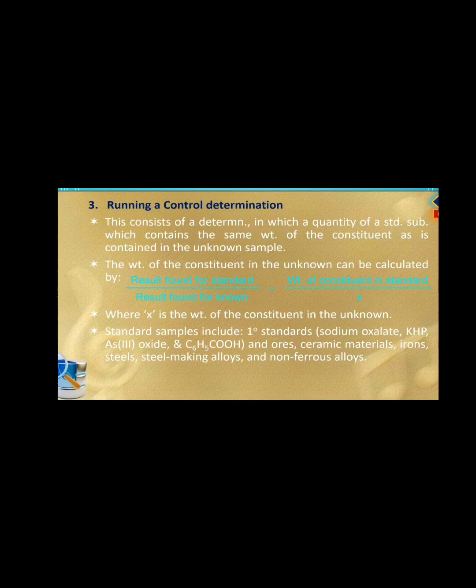Standard samples include primary standards such as sodium oxalate, potassium dichromate or ferric sulfate, arsenic oxide, benzoic acid, iron and steels, steel-making alloys and non-ferrous alloys.